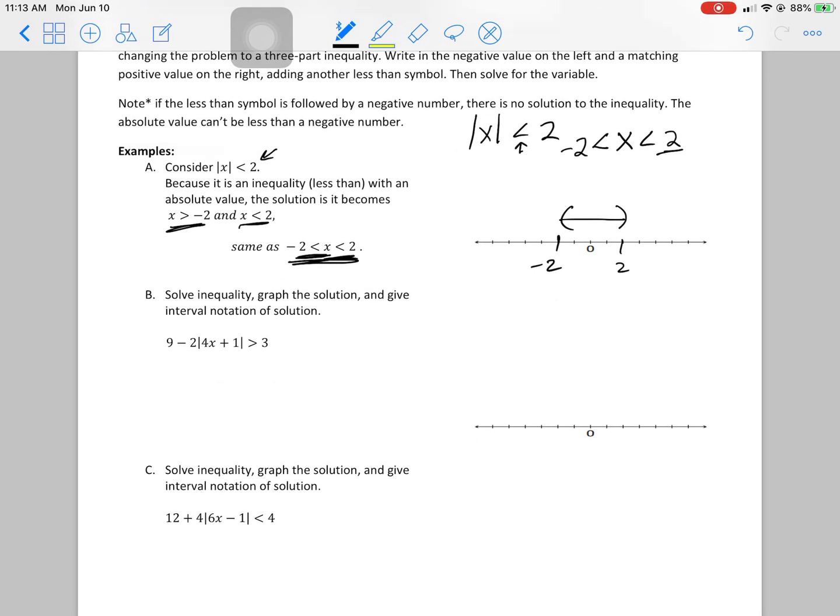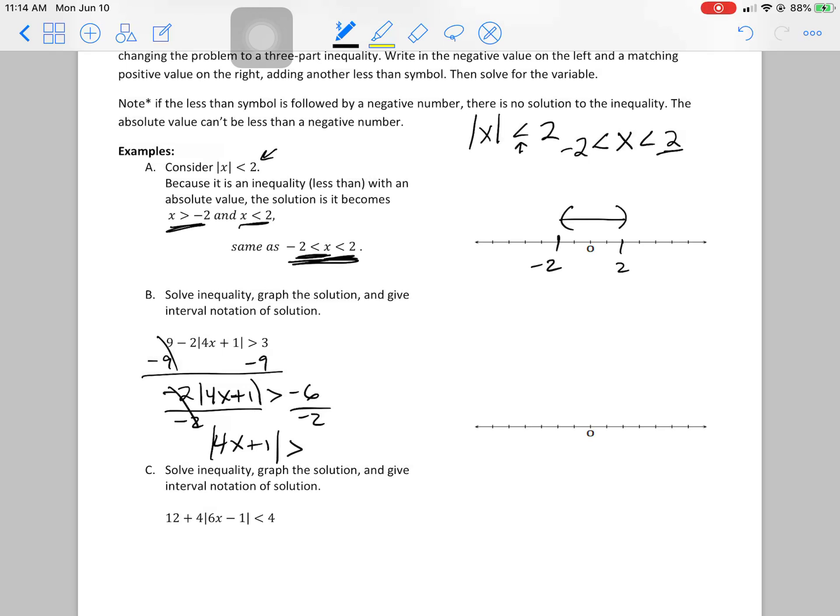So let's try this one. We want to isolate our absolute value on one side. All right, get rid of that here, to isolate our absolute value on one side.